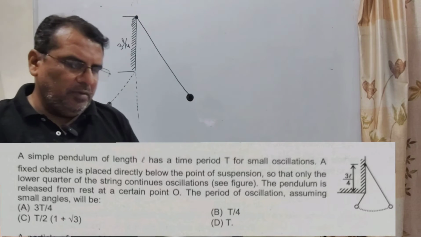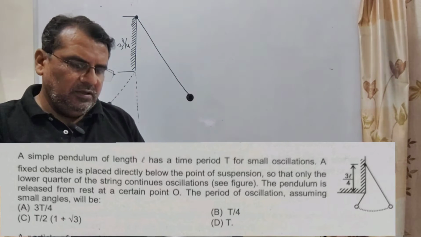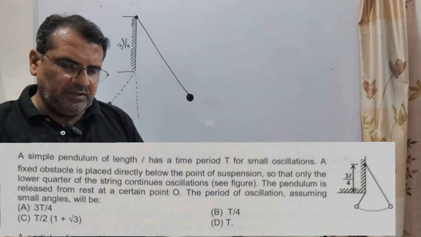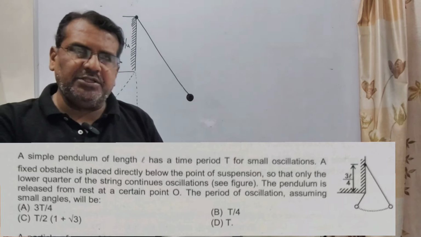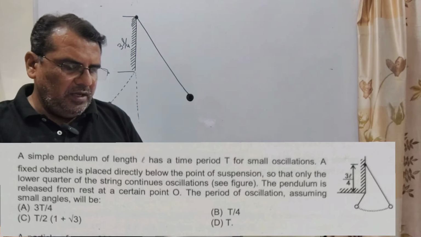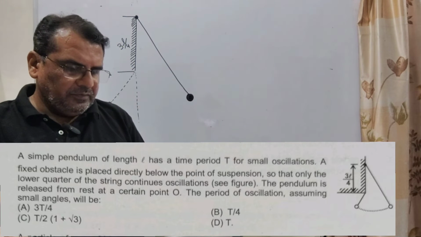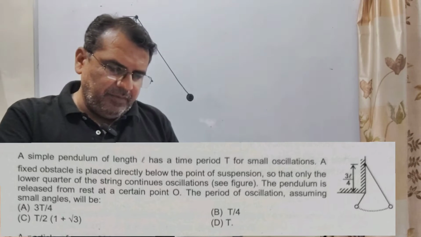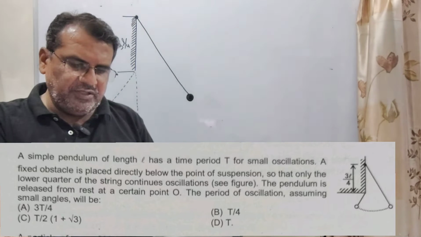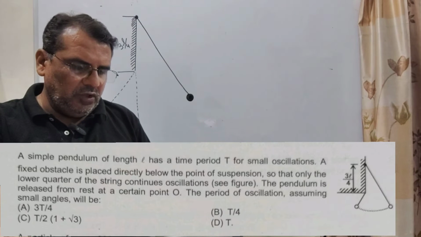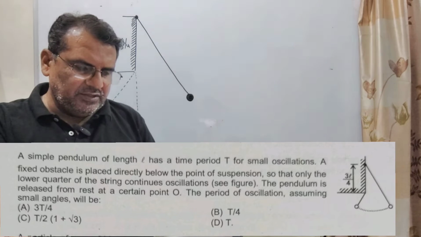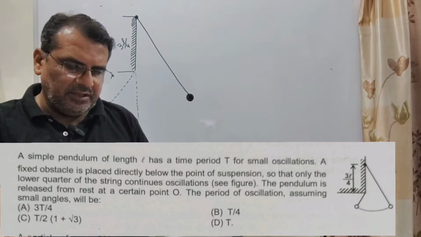A simple pendulum of length l has a time period T for small oscillations. A fixed obstacle is placed directly below the point of suspension so that only the lower quarter of the string continues oscillation.